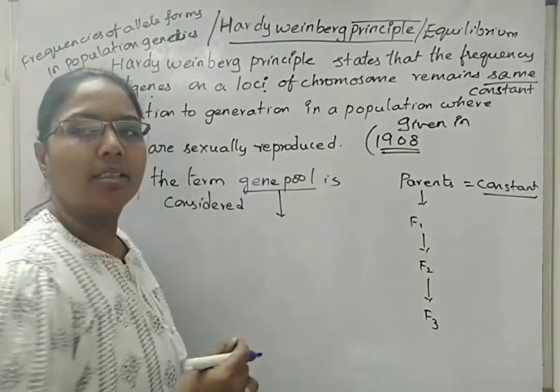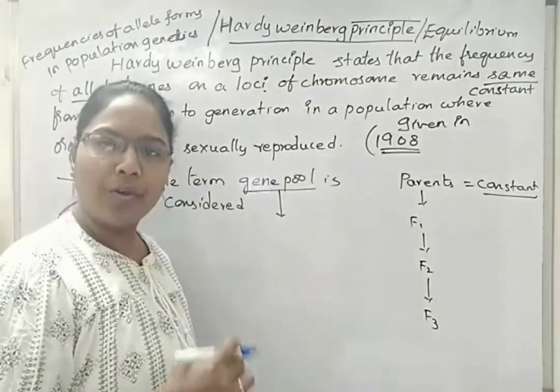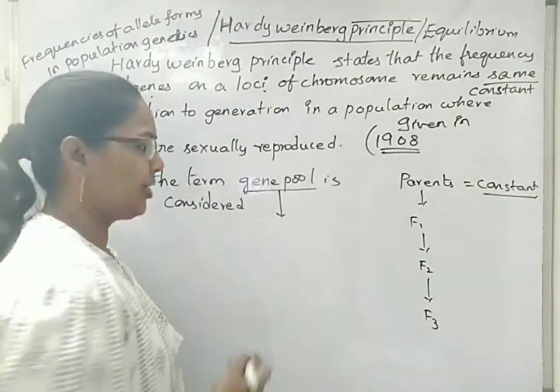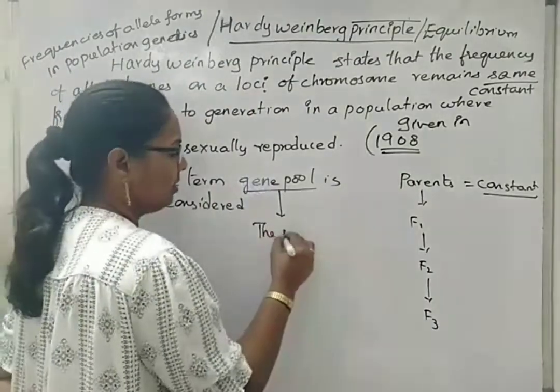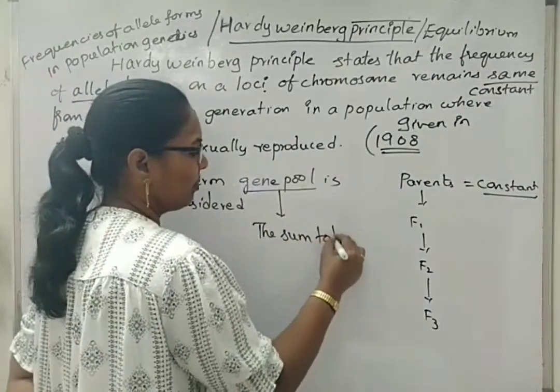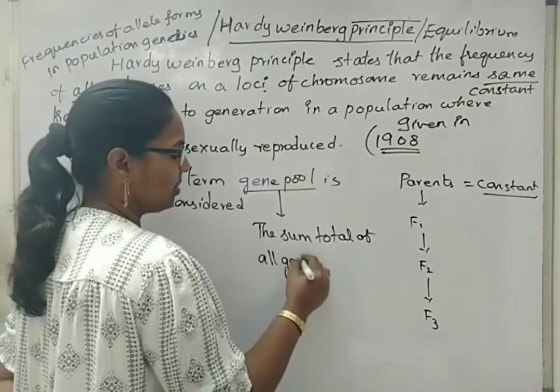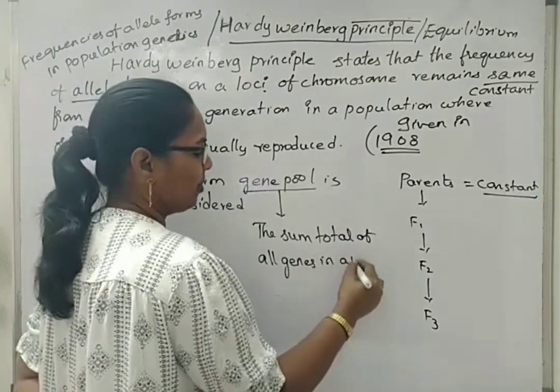Gene pool is the sum total amount of all the alleles or the genes in that particular population. The sum total of all genes in a population.